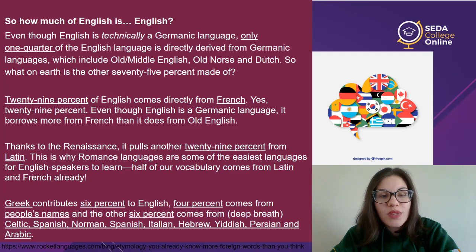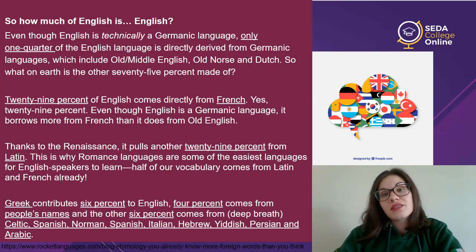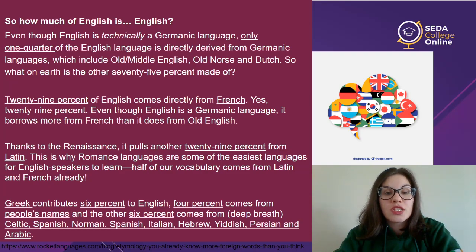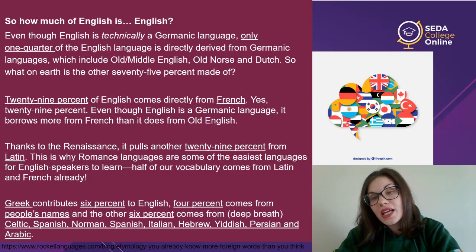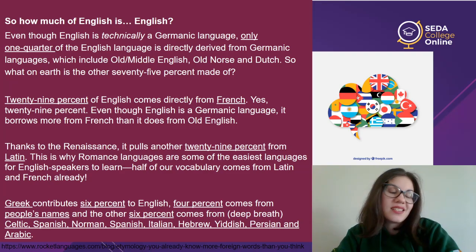This is why Romance languages are some of the easiest languages for English speakers to learn. Half of the vocabulary comes from Latin and French already, so there are similarities. And if your mother tongue is a language that derives from French and Latin, then it should be easy for you to learn English too, easier at least.